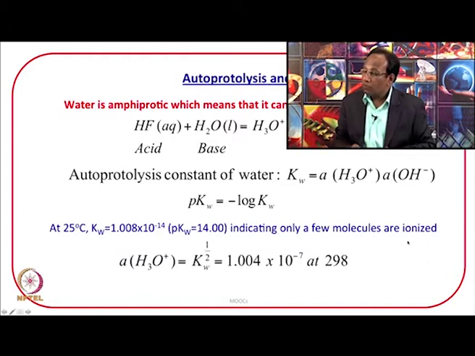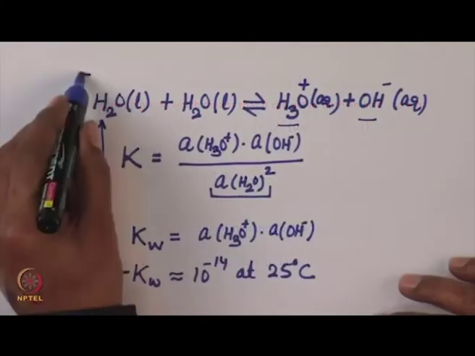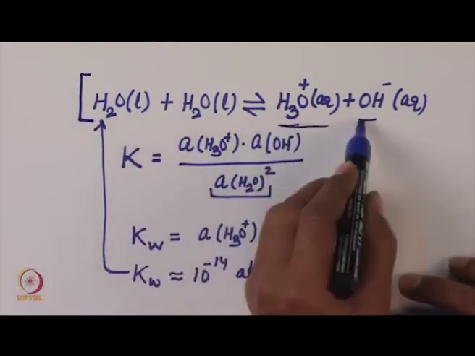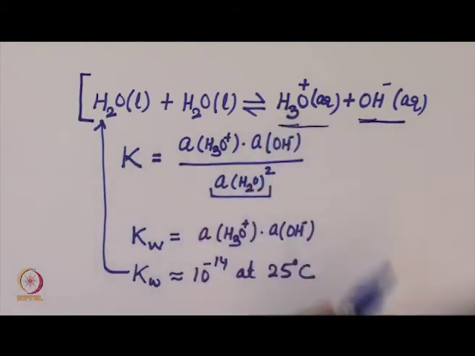And since in water the activity of hydrogen ion and the activity of hydronium ion are the same, if we look at this equation, they are produced in a 1:1 ratio, activities are the same, and therefore, I can use this equation to calculate the activity of hydronium ion.